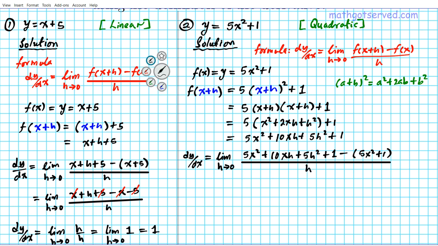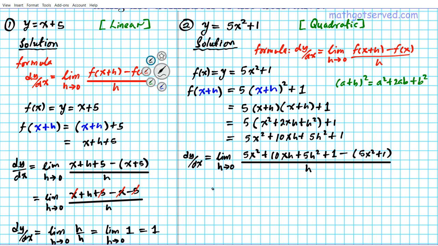Okay, so now we have the substitution step carried out. F of x plus h and f of x are substituted into the formula. We're now going to simplify this quotient of polynomial expressions completely, and then we will evaluate the limit.